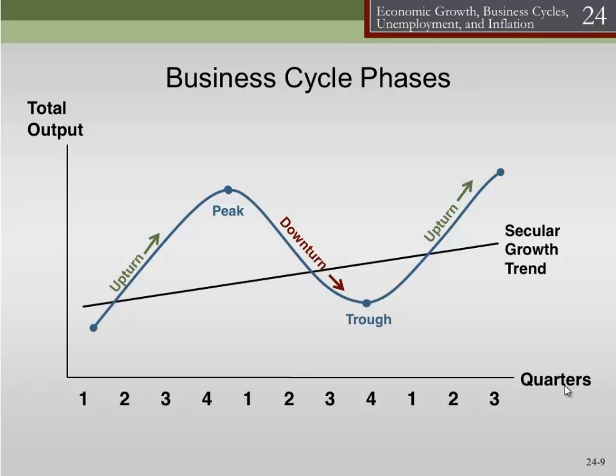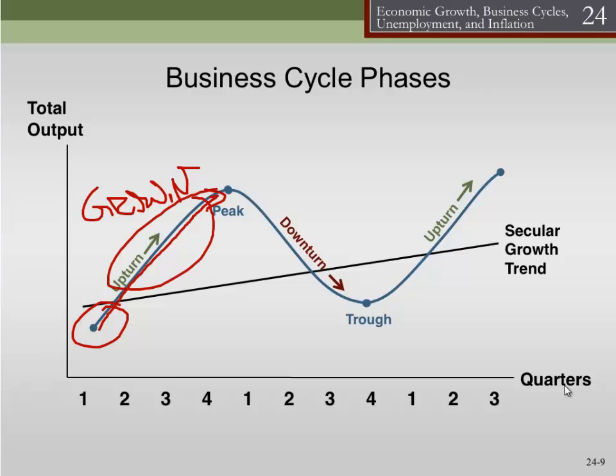When we take a look at this, the first thing you can see is what's called the upturn. This is where the economy is growing. We can really divide this into two parts: here, where the growth rate is increasing but still below the secular trend, and then here, where it's increasing and above.